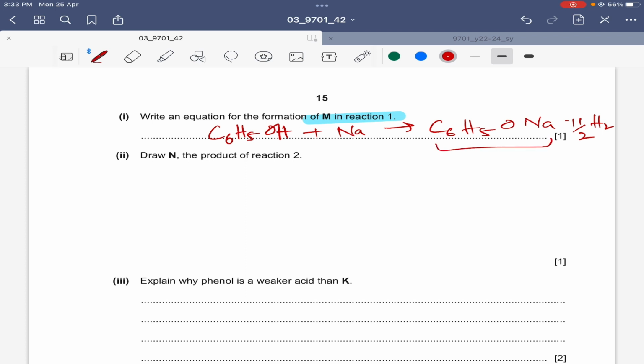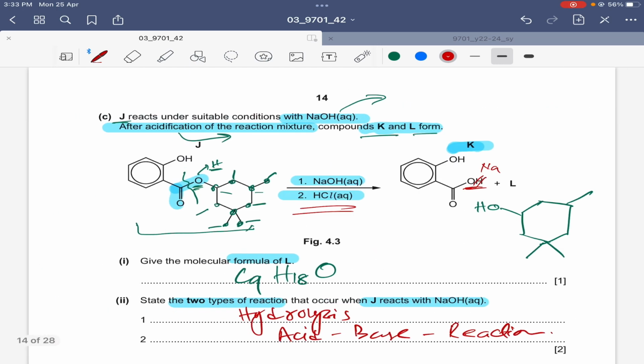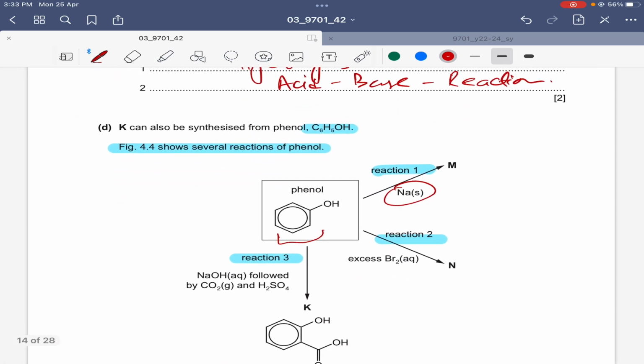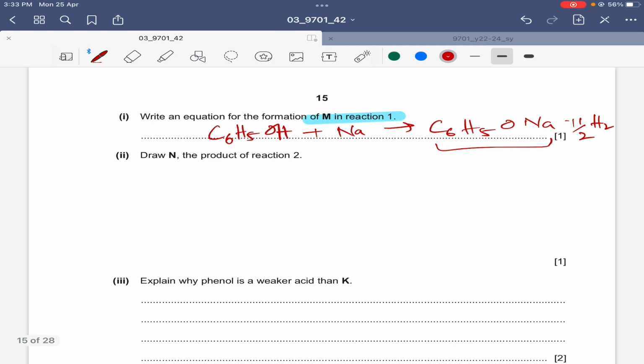Draw N, the product of reaction 2. In reaction 2, we are reacting phenol with excess bromine. When we react phenol with excess bromine, phenol is an activator, right? It activates the ring, due to which all three positions would be occupied.